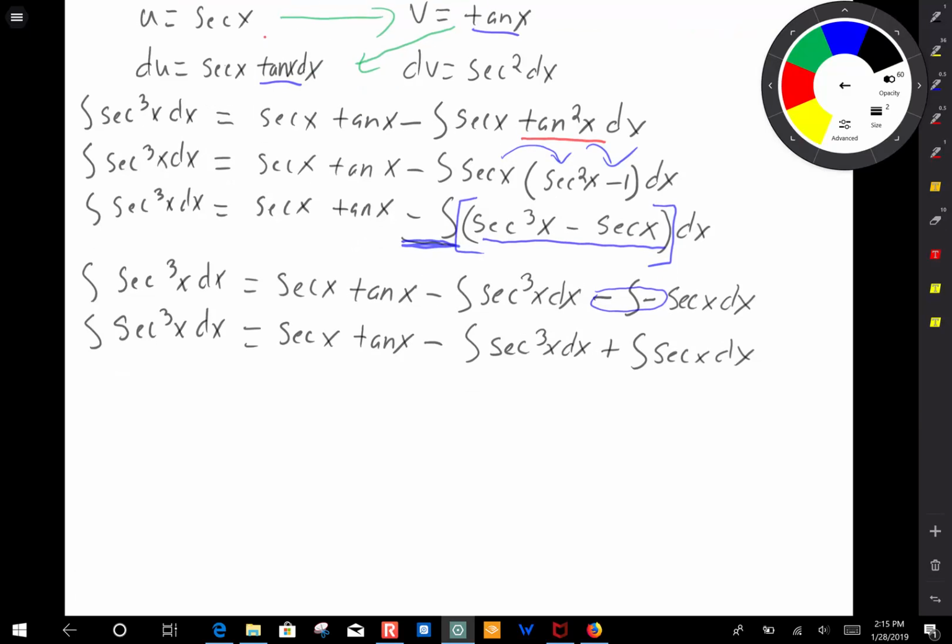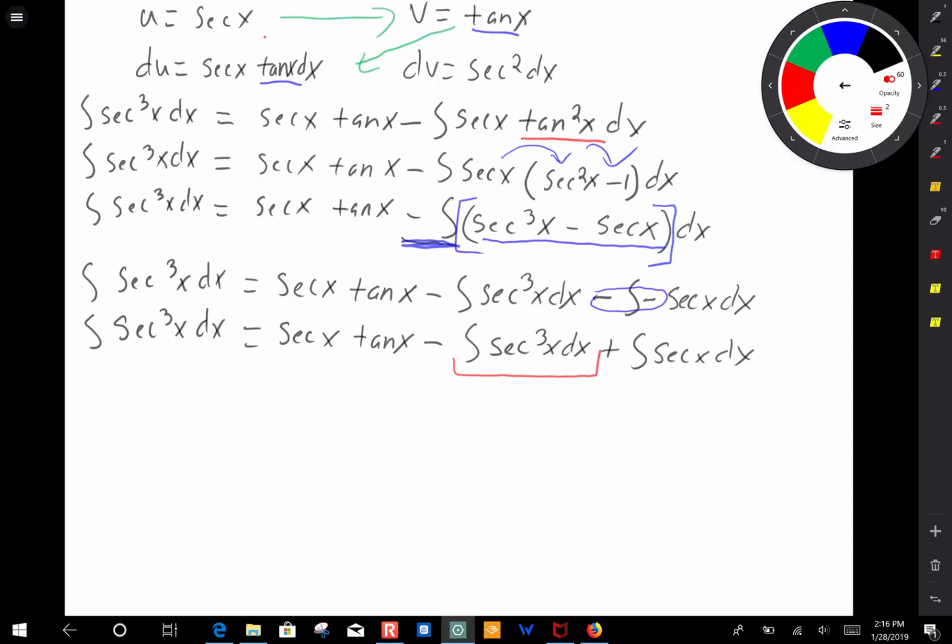Now, here I go. I want you to notice something here. What's going to happen is, you see this piece right here? There's no way that's going away. If you notice, I already took the integral of the secant cube x dx.